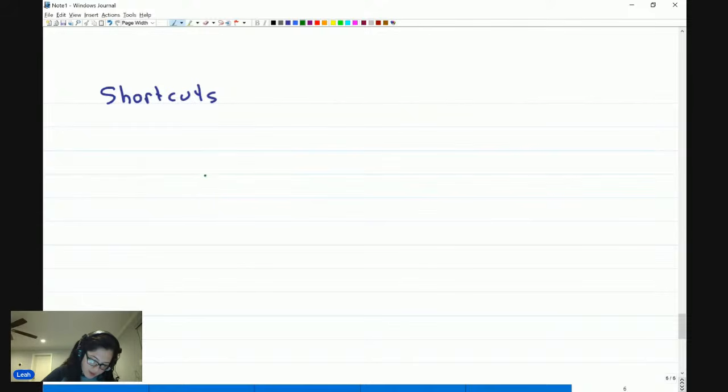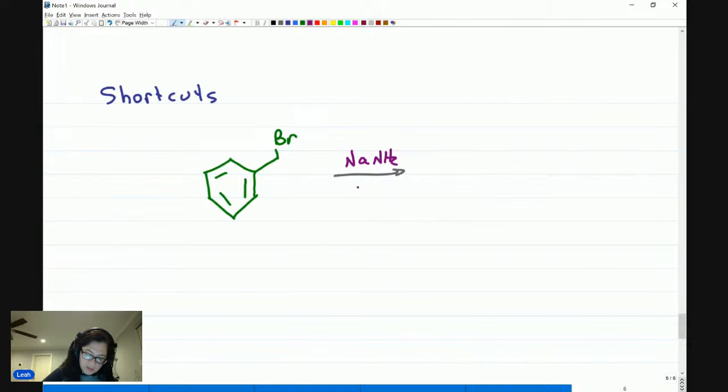If I have a molecule that is to undergo an SN2 reaction, for example, something like this, reacting with, let's go with NaNH2 in DMF. I'm totally making things up here, but you could see this on your exam. What do I have here? I have a leaving group sitting on an easily accessible primary carbon.